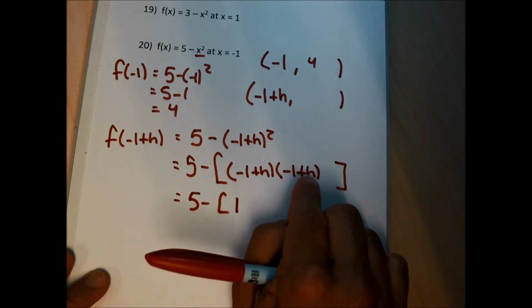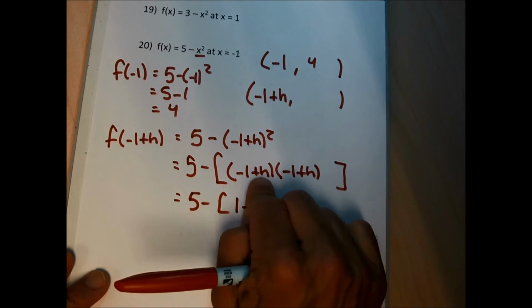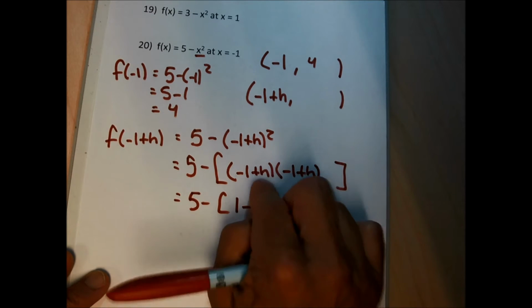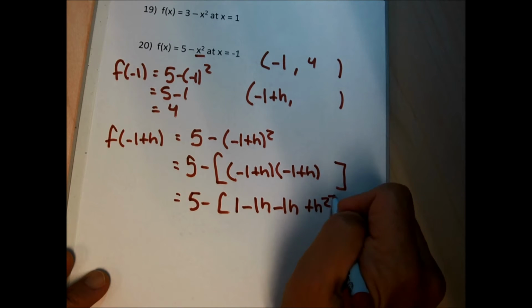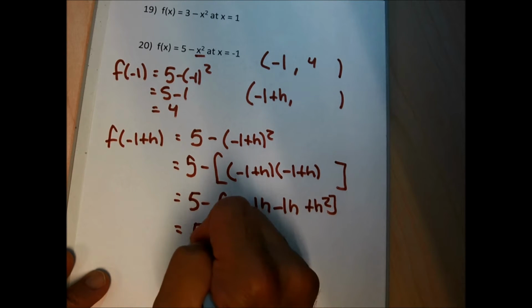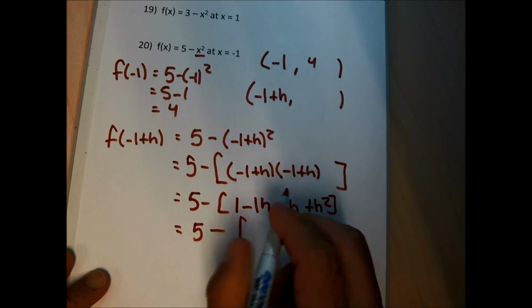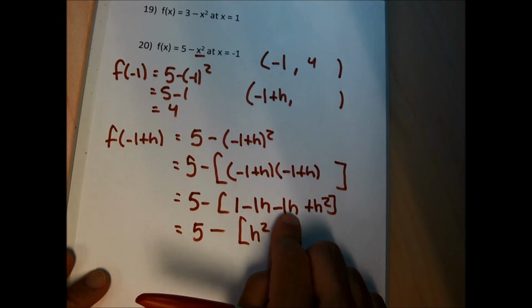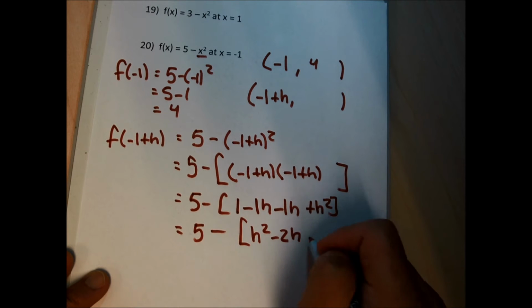Outers are negative 1 times positive h, which is negative 1h. Inners are positive h times negative 1, which is negative 1h. Lasts are h times h, which are plus h squared. So that's going to be 5 minus, and then inside the brackets I'm going to get a positive h squared, minus 1h and minus 1h are minus 2h, and then the plus 1 is a plus 1.